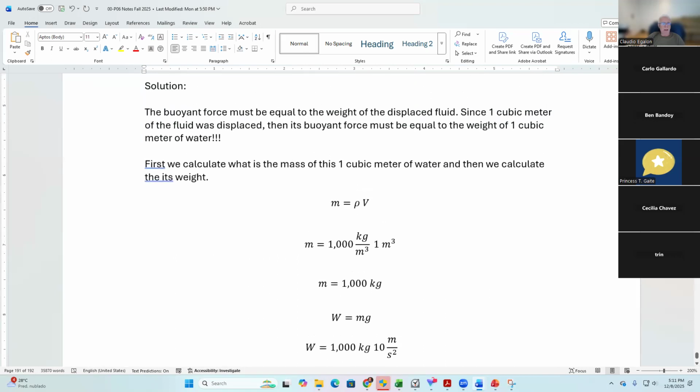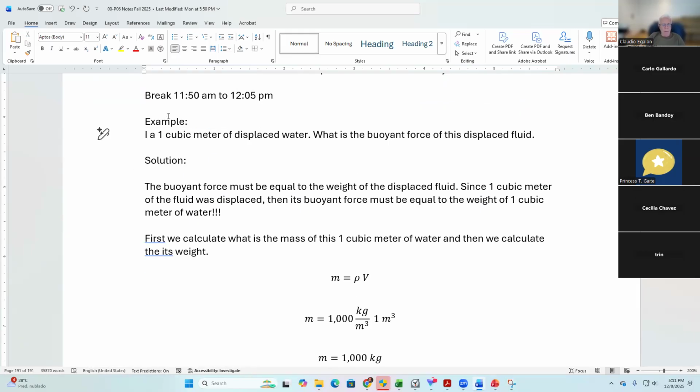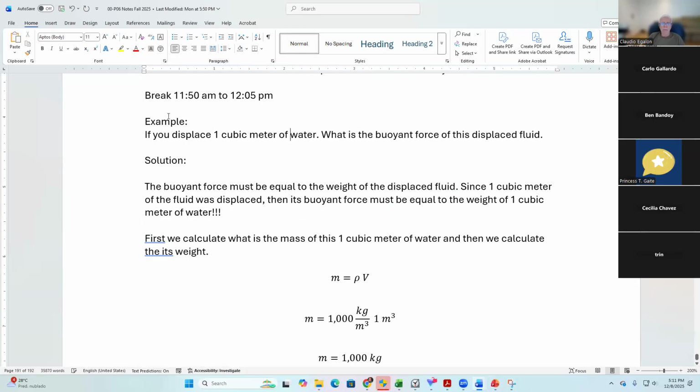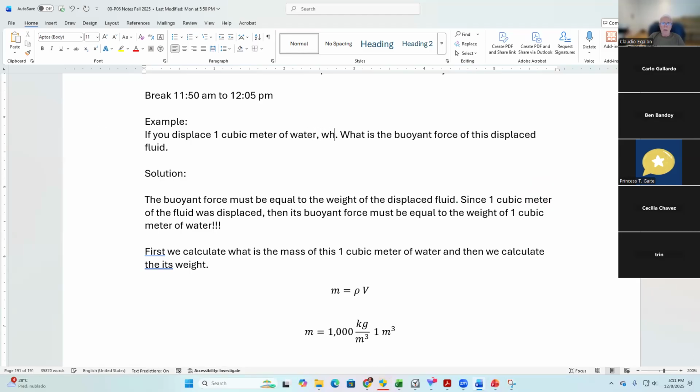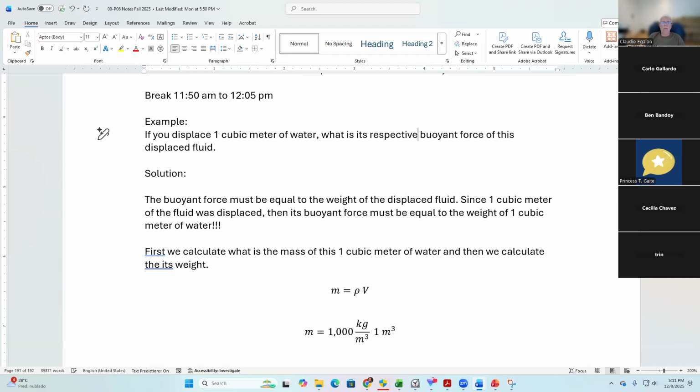Okay, so let's write that down here. Let's reformulate this problem. If you displace 1 cubic meter of water, what is its respective buoyant force?